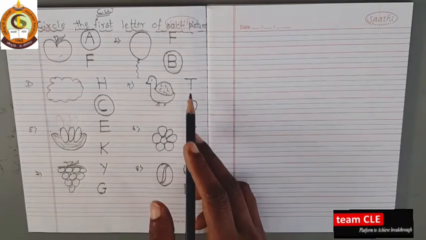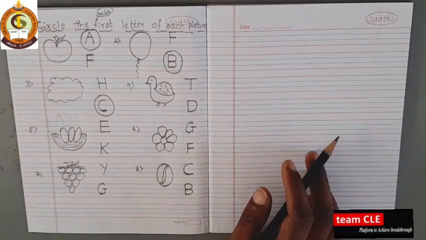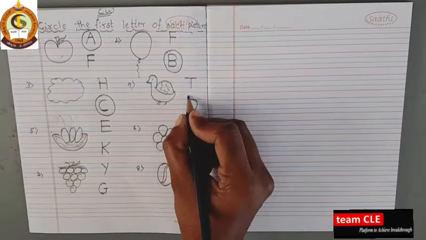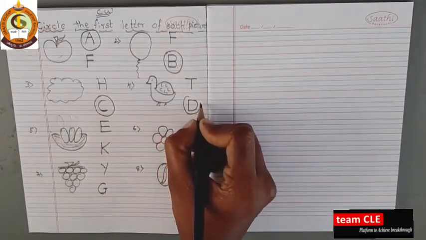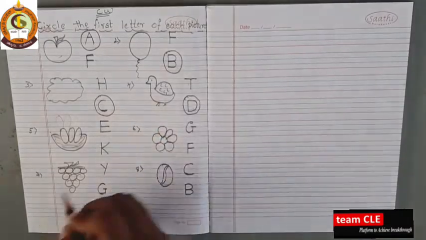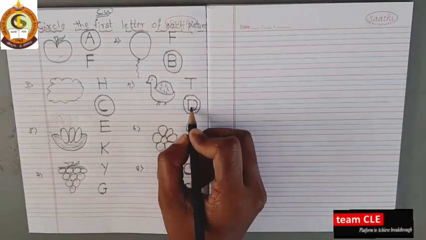In these two letters, which first letter is the correct answer for the duck? D. So circle the D letter. D for duck. Duck's first letter is D.